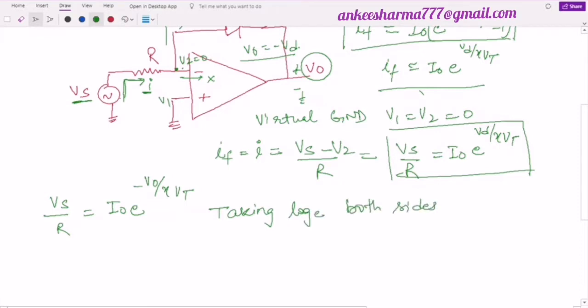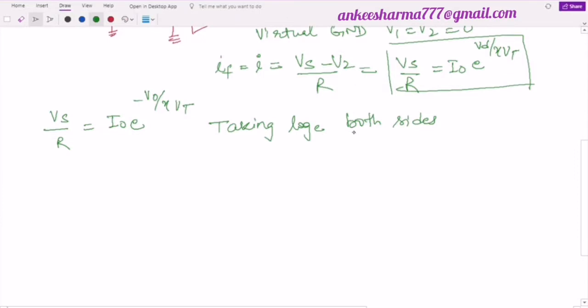What will I get? On the left hand side, I will get log to the base e of Vs by R. And I take I0 over here, so it will be Vs by R I0 equal to e to the power minus V0 by eta Vt. Then I will apply the log, so it will be log of Vs by R I0.